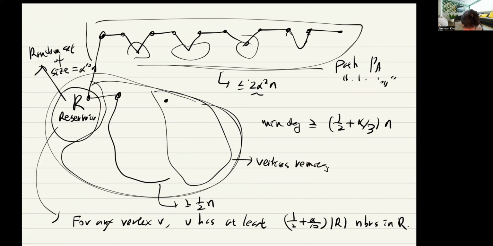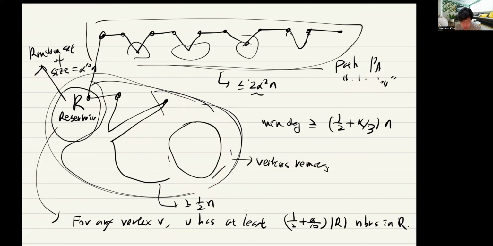If a vertex has two consecutive neighbors on the path, then you can insert it and get a longer path. You keep doing that until you cannot anymore. So you have a small number of vertices left. Then what do you know? Every vertex here does not have two consecutive neighbors on the path.